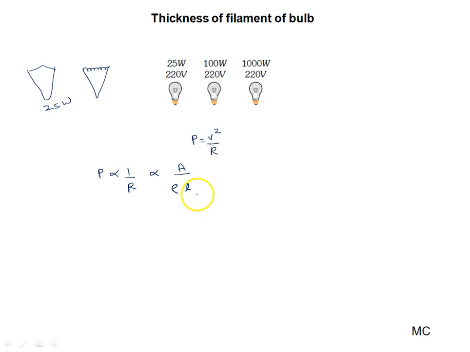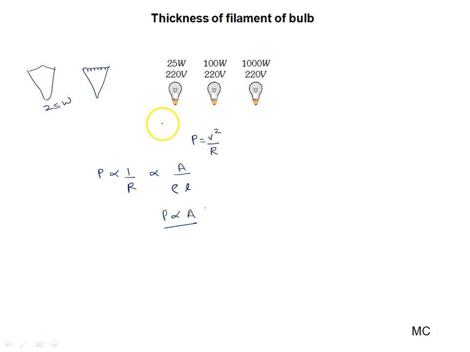If you keep L constant for a rated bulb, P is proportional to A. Power is directly proportional to area of cross section. It means if you increase the power and want to keep the length the same, then you have to increase the area of cross section. Is it clear to all of you?